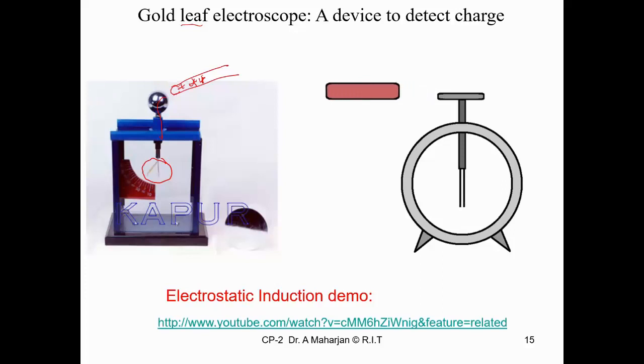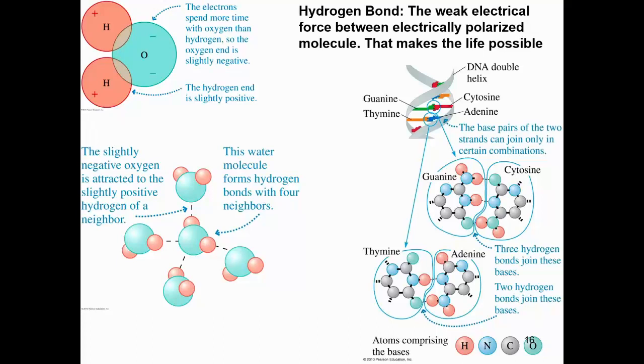And there are two things actually. You can charge it by induction, and you can charge it by touching, and you have to understand why it happens. So briefly, the whole of chemistry, which is based on the attraction or repulsion between two charged molecules or atoms, is based on electrostatic attraction or repulsion.